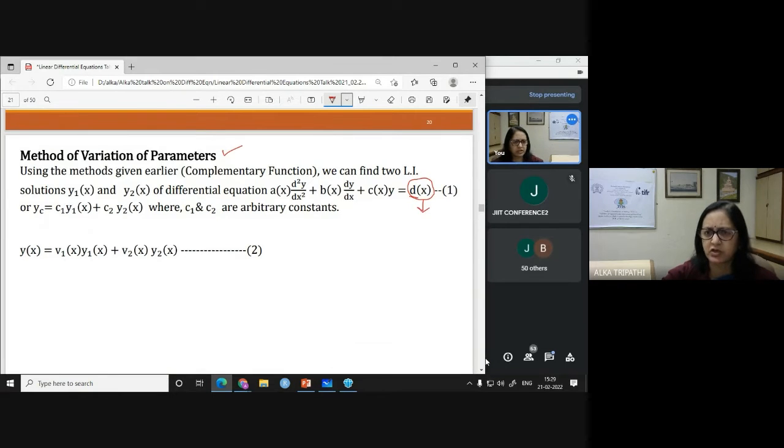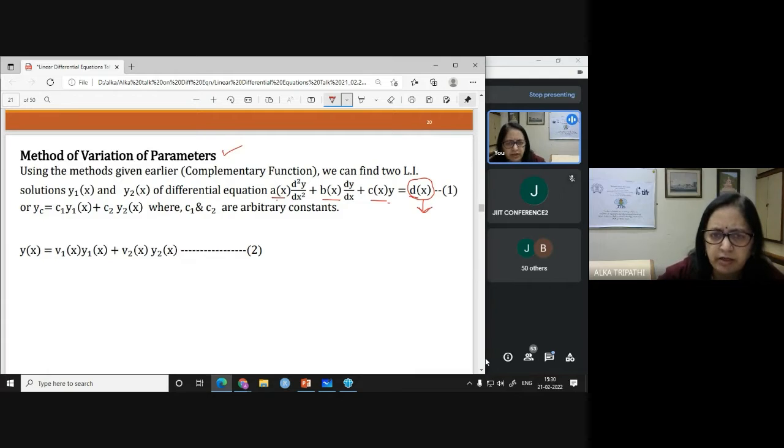Our a(x), b(x), c(x) may be constants, or they can be continuous functions of x also. The only thing that is important for us in this case is that we should have two linearly independent solutions if our equation is of second order.